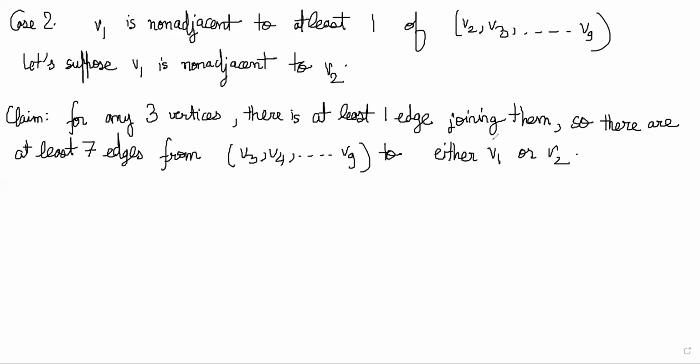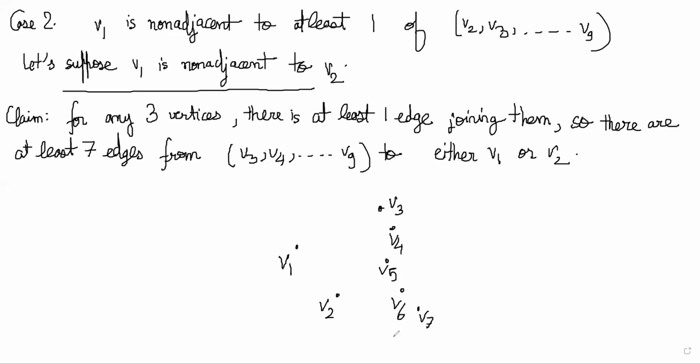So let's try to understand this. This is not immediately clear. Think about it. V1 is here, V2 is here, and V1 and V2 are not connected to each other because we have assumed that V1 is non-adjacent to V2. Let's say V3, V4, V5, V6, V7, V8, and V9 are the other vertices.